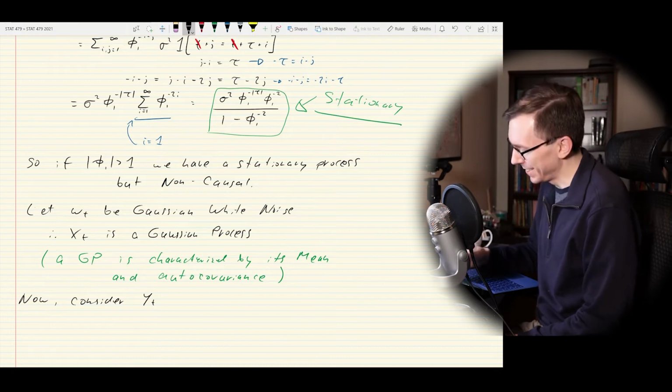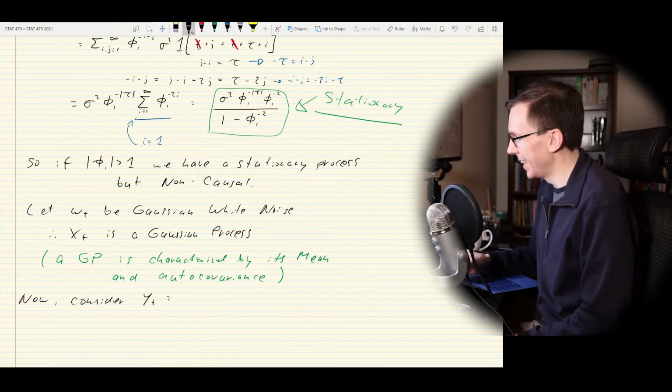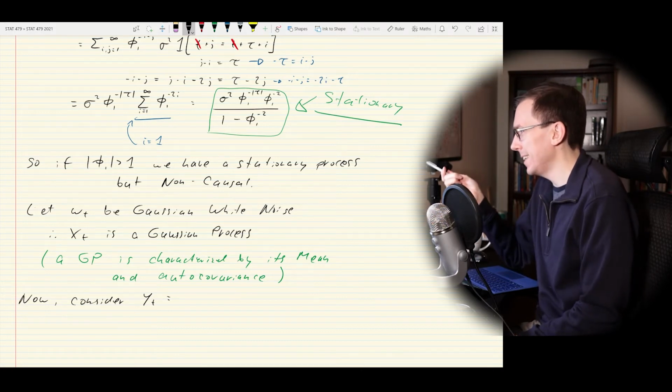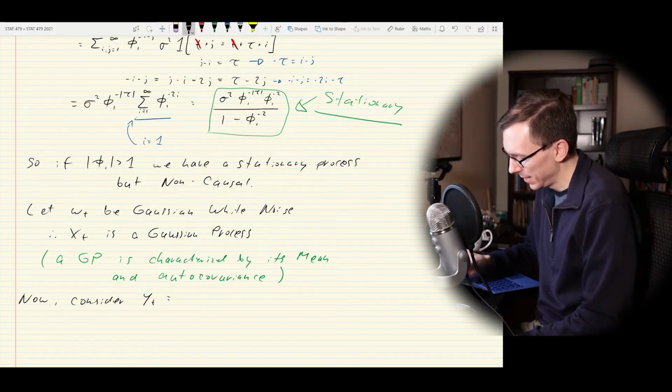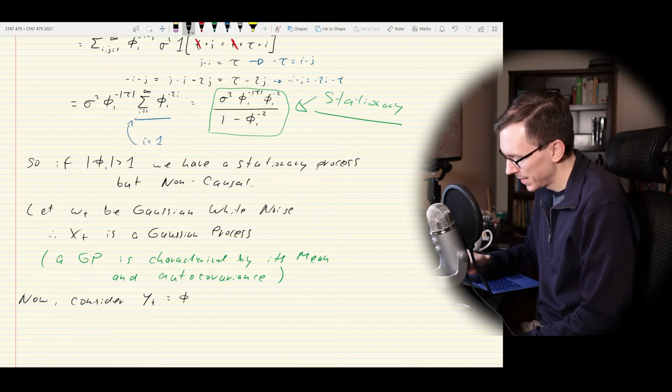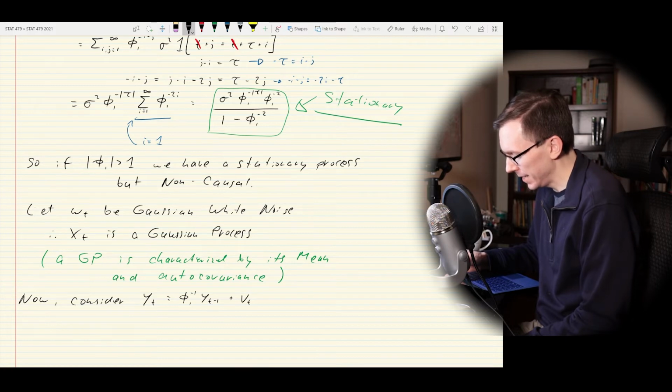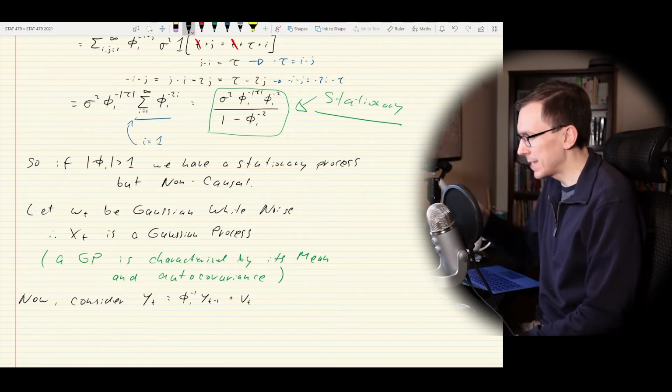So I keep telling you that just to say, stick with me, and we'll get there. So we have Y_t, and Y_t we can write down as this process, which is going to be phi 1 to the minus 1, Y_{t-1}, plus some white noise process V_t. I use V because it's not the same as W.